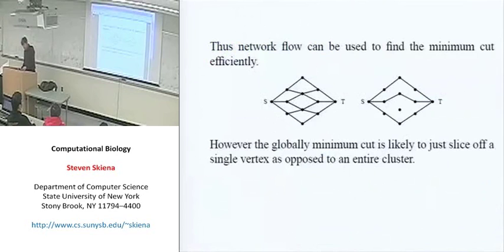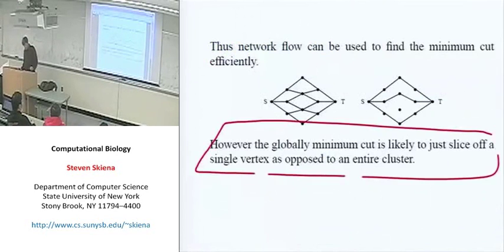The bad news is that if I'm given a graph and I want to find the minimum cut to disconnect the graph, usually it's going to look something like this, where you slice off one vertex. Think about what we're really looking for.